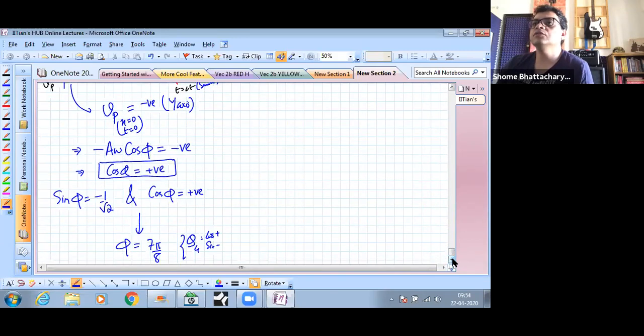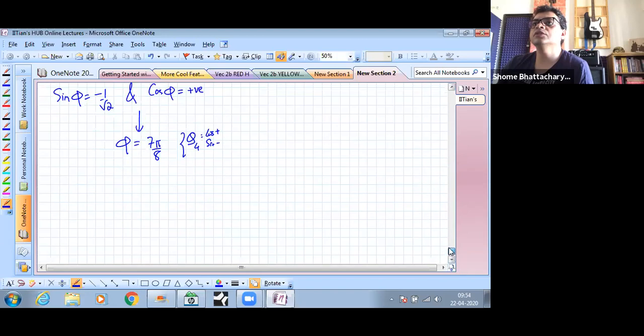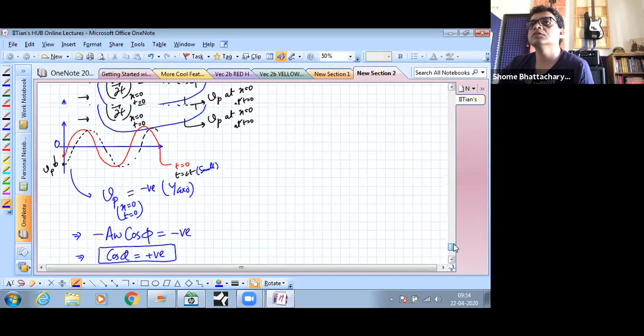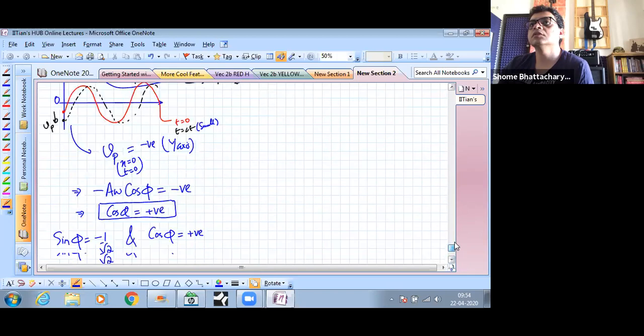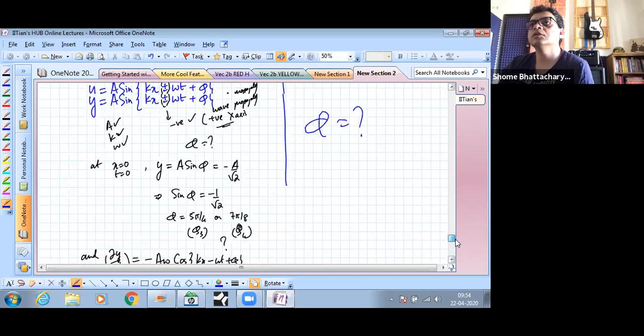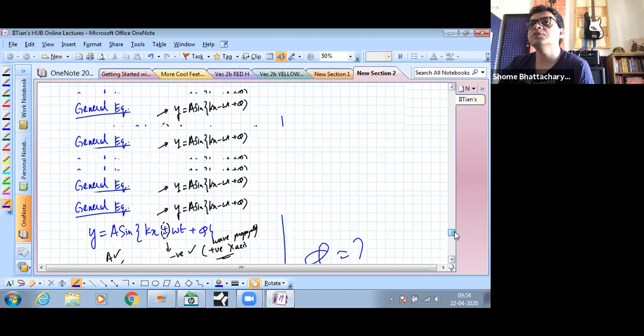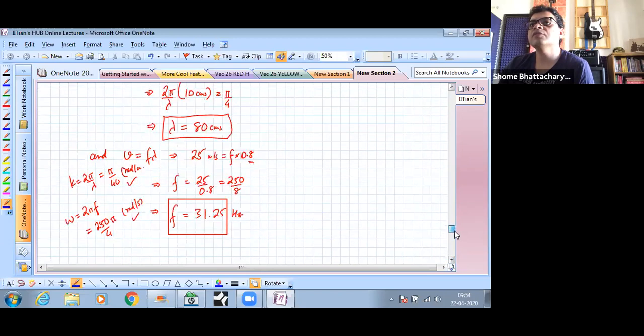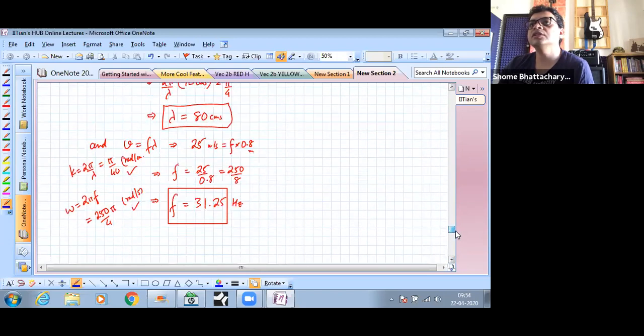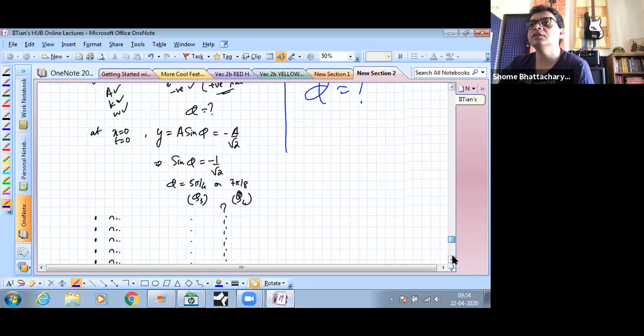Okay, and with this now, we have got the complete information. So we know our wave equation is becoming like this. The amplitude was 5 millimeters. And K, we determined the value of K above, pi by 40, and omega was 250 by 4 pi.